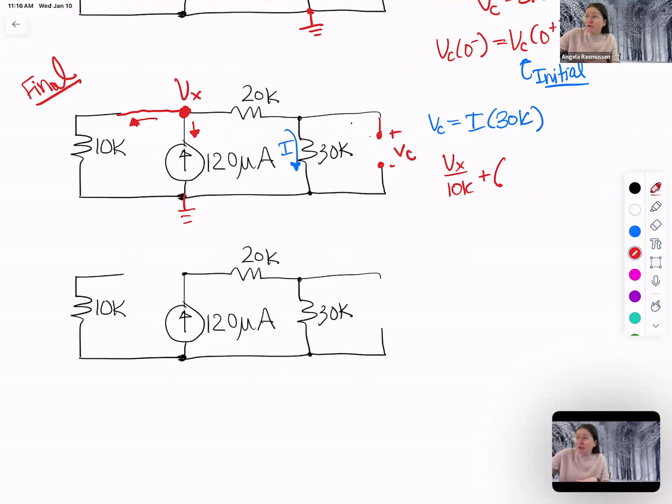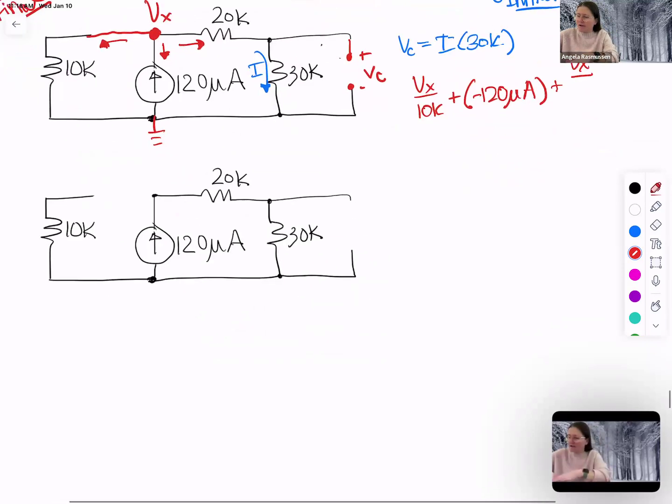So it's already a current source. So I'm just going to say it's negative because I drew the arrow down. So minus 120 micro. And then this one going through there. Correct.